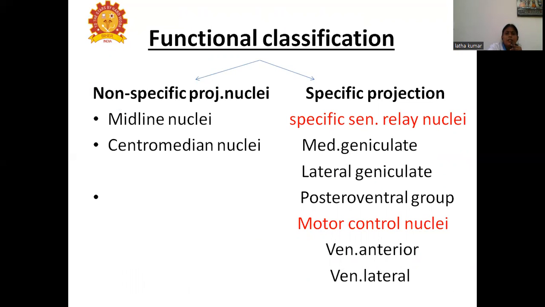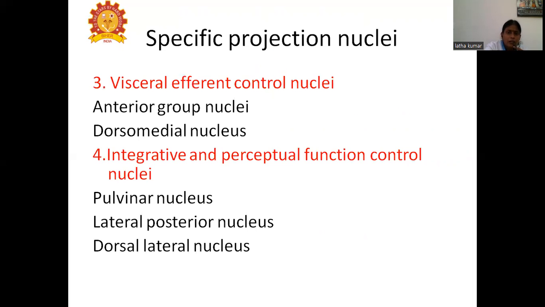Functional classification. Functionally, it is divided into non-specific projection nuclei and specific projection nuclei. The non-specific projection nuclei are the midline nuclei and the centromedial nucleus. The specific projection nuclei are the specific sensory relay nuclei, motor control nuclei, visceral efferent control nuclei, and integrative and perceptual functional control nuclei.